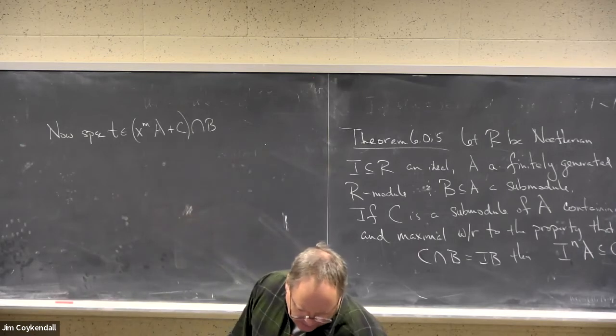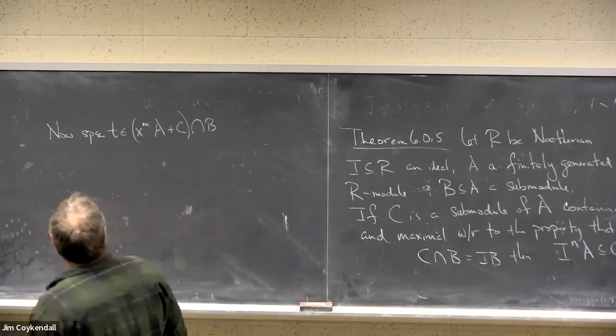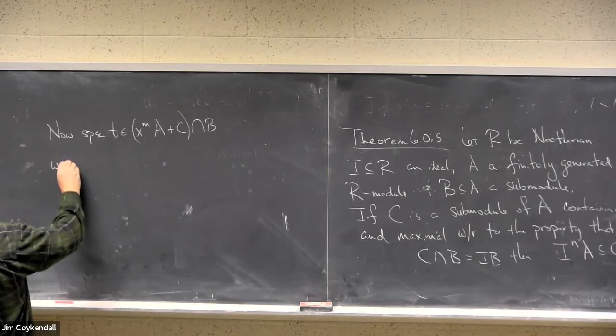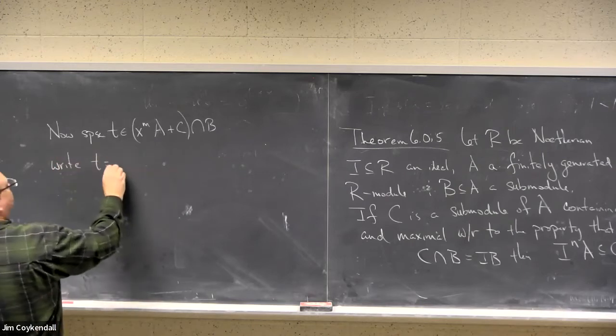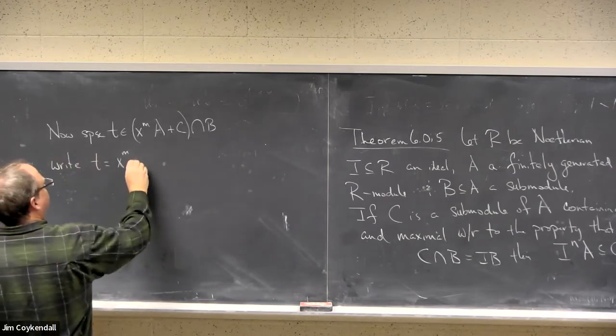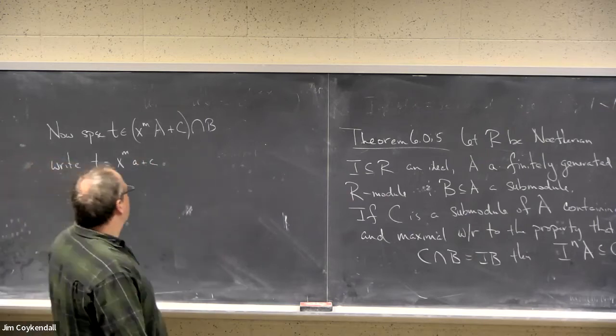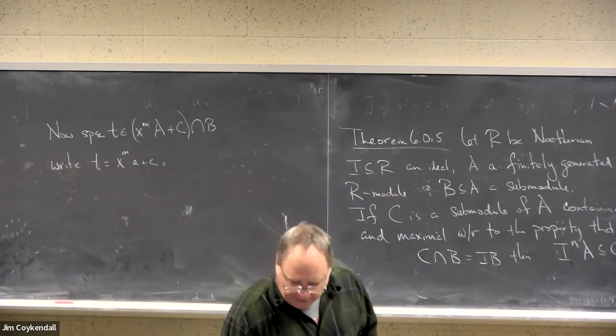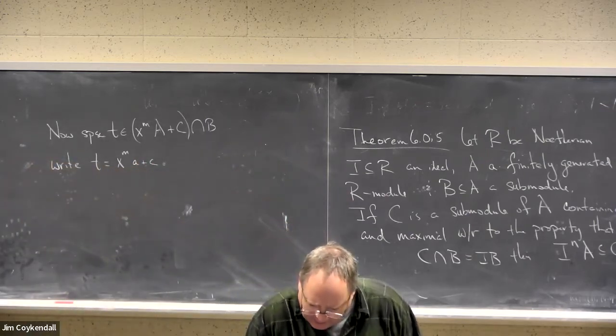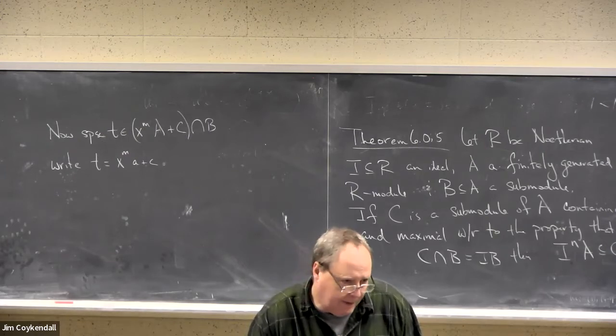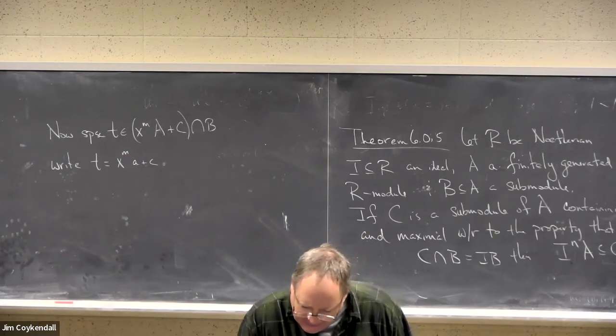And so we will write T as X^M little a plus C, where of course I mean for little a to be in A.